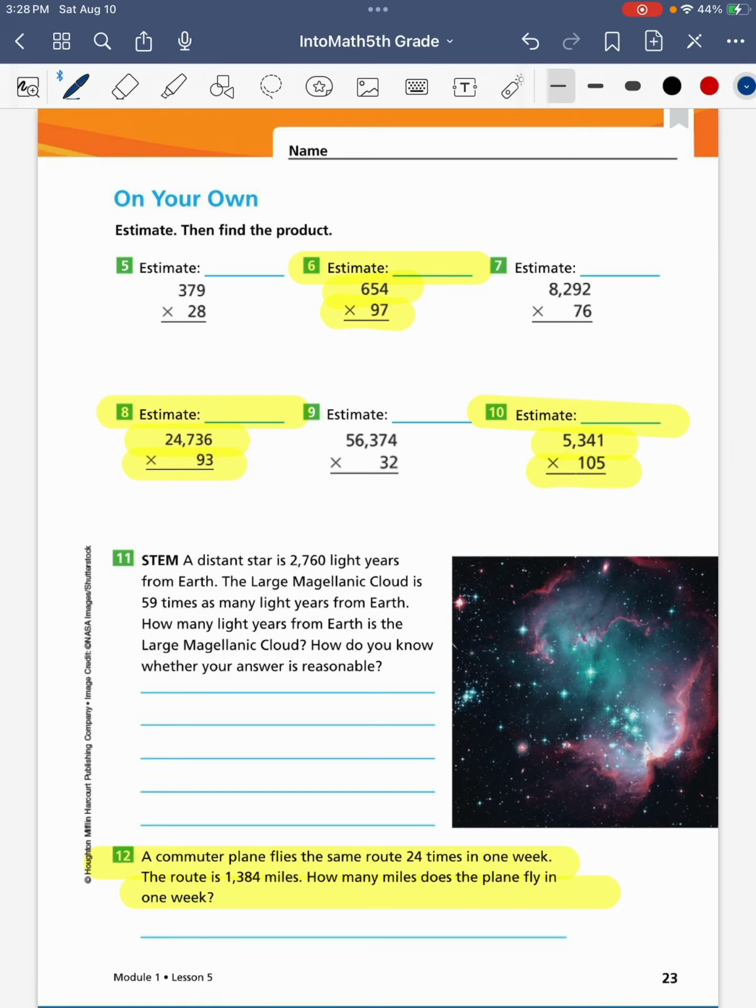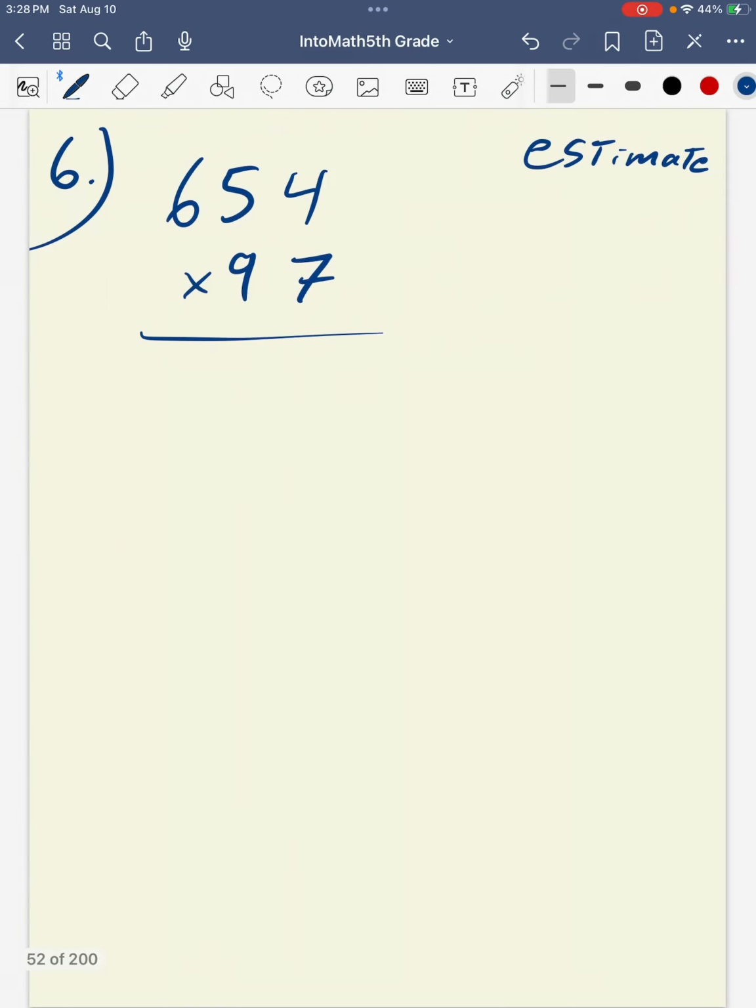On your own, we will be doing problems 6, 8, 10, and 12. Starting with problem 6, it first asks us to estimate what we think the product of 654 times 97 is. To do this, we are going to round 654 to the nearest 10. 654 rounds to 650, because its 1's category is not bigger than 5.